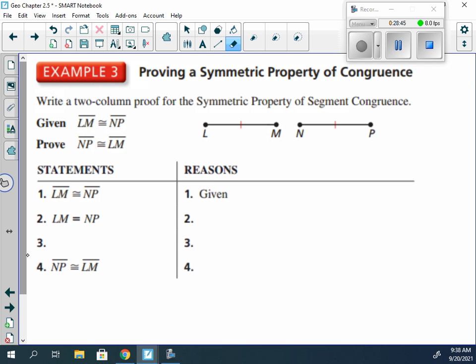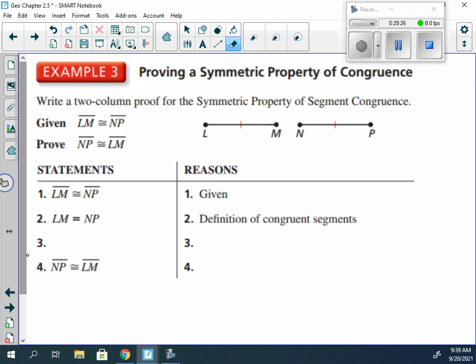And why can we say that? Which would be our definition of congruent segments, because if two segments are congruent, it means their measures are equal. And since we're talking about measures, we don't include the line segment above LM or NP. So again, we have one last step, yes? What's the difference between 2 and 3, how it's written?